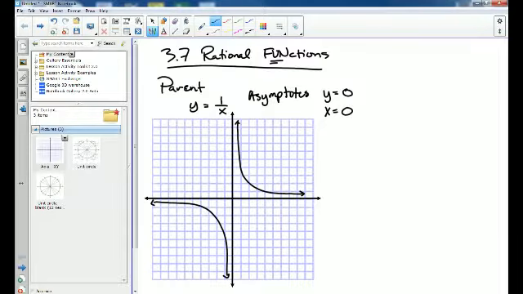Now, how do I know that the x equals 0 occurs? It's determined by the denominator. The y I'm going to get into a little bit deeper. An asymptote is a line that the graph of the equation approaches but never crosses.